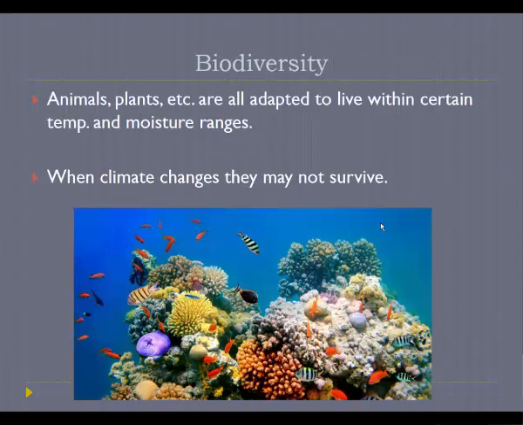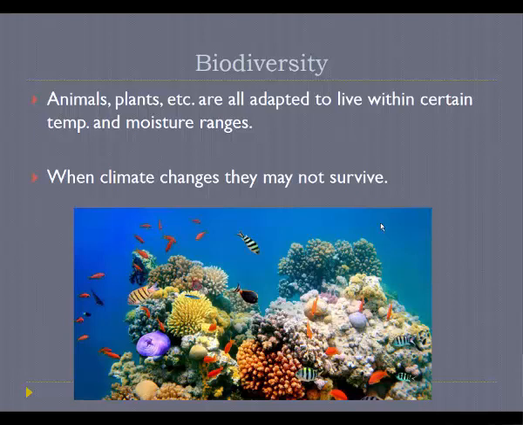Okay, so sea level rise is not the only concern. Another major concern that scientists have is about how changes to climate might affect biodiversity around the world. We've discussed extensively the fact that different kinds of organisms are adapted to live in specific climates and specific conditions, and they won't do very well if the environment in which they live changes.